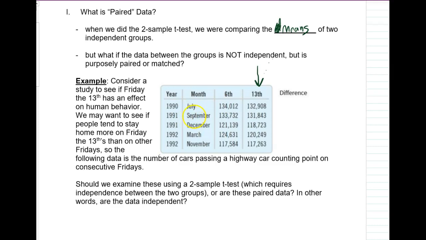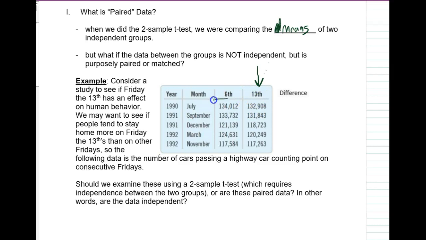Then they did the same in September of 1991, the 6th and the 13th, and so on for a total of 5 different pairs of data. Now hopefully you see that this is definitely paired data. In other words, we're purposely looking at this particular day, or I should say this particular month, before Friday the 13th and on Friday the 13th.